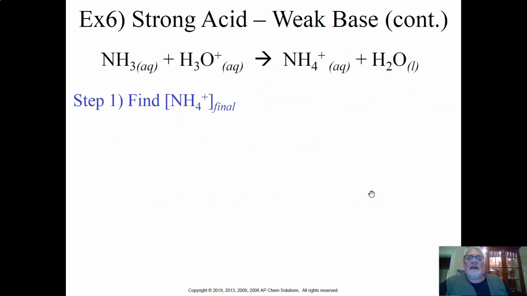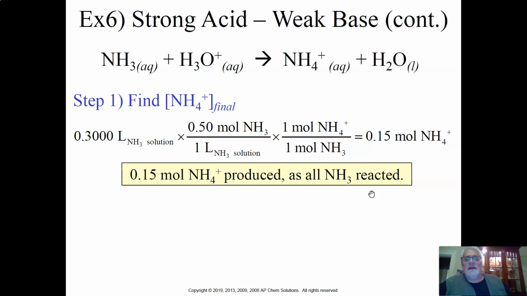First, to find the NH4 plus, what you need to do is just take that volume, knowing that there's an excess of one, you can just use this for the NH3 and your 1-to-1 molar ratio, and you get this much NH4.